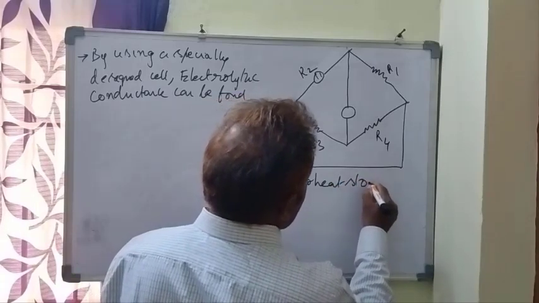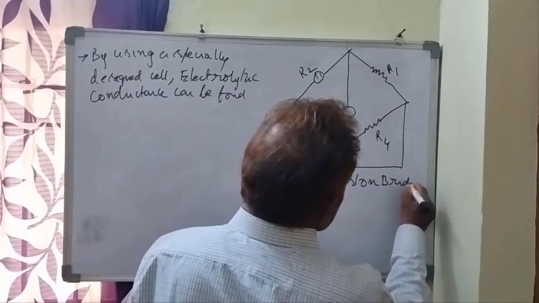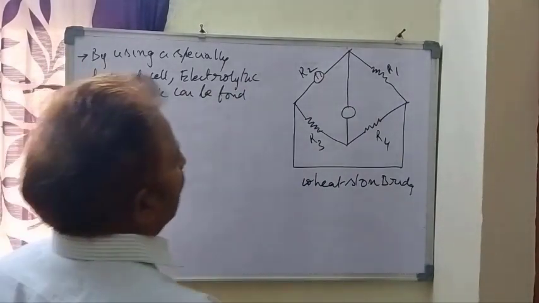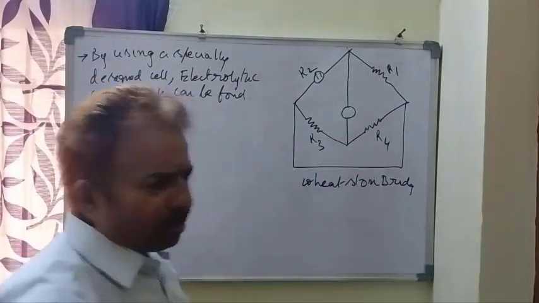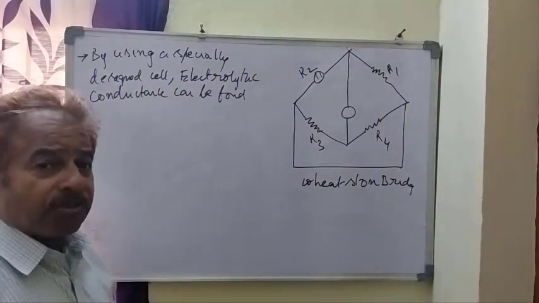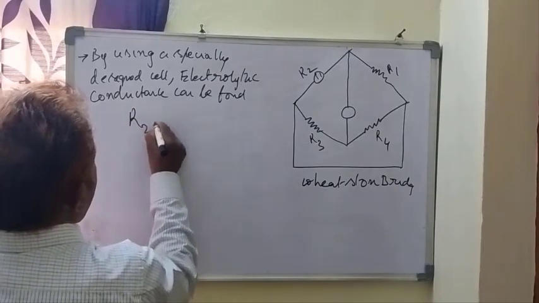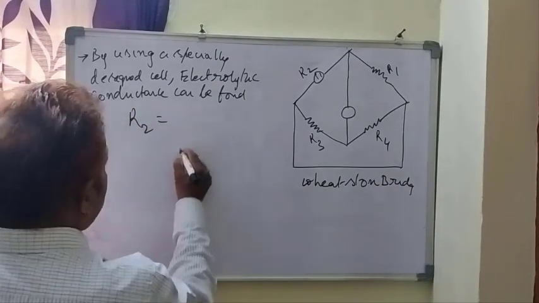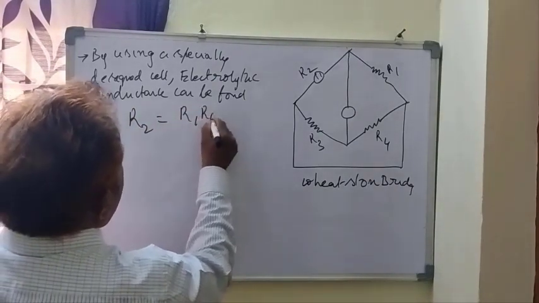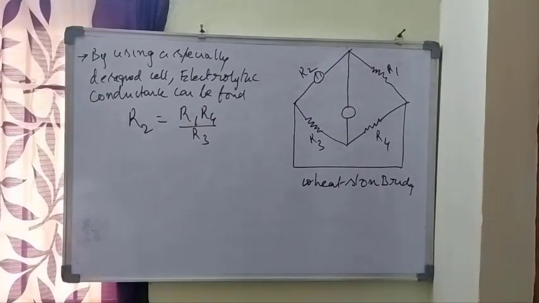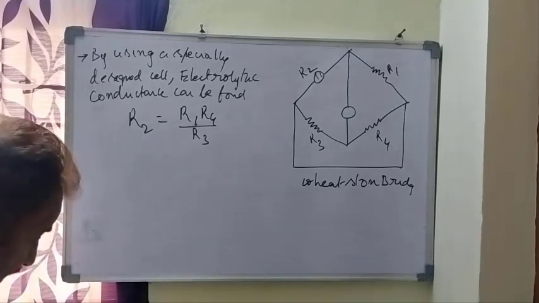This is the Wheatstone bridge. Here this is the electrolytic conductor, and R1, R3, R4 are known resistances. By using the principle of Wheatstone bridge, R2 equals R1 into R4 by R3. So the electrolytic conductance can be found in this manner.